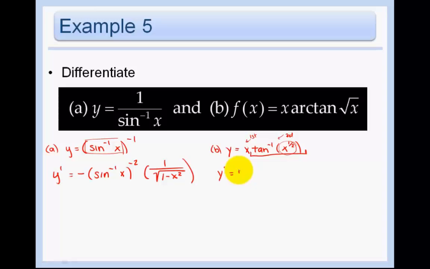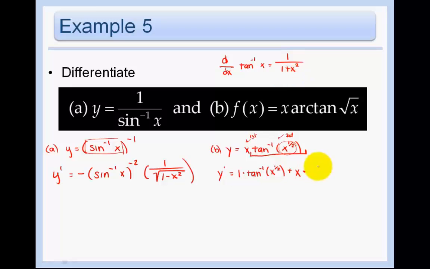The derivative of the first times the second plus the first times the derivative of the second. Remember, we just learned that the derivative of arctan is 1 over 1 plus x squared. So now we have the derivative of the arctan of root x.